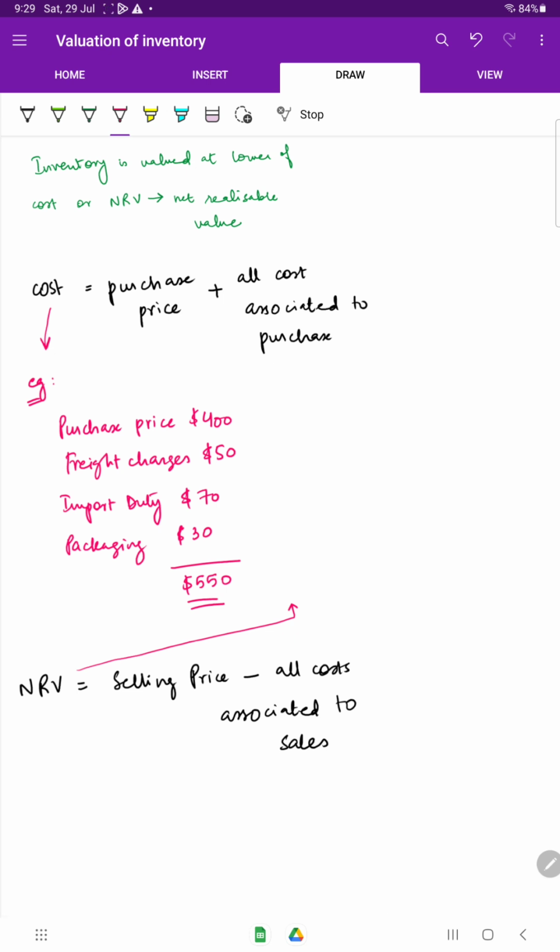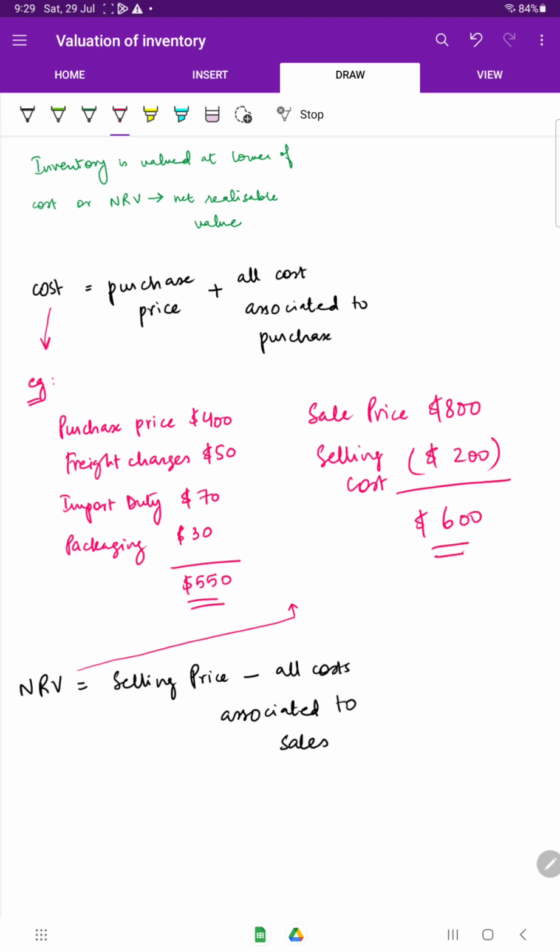I am giving it here so that we can compare the two values. Let's suppose the same inventory that we bought for 400, we are selling it for 800, and the selling cost, the marketing cost, anything that is related to selling is for $200, which I will subtract, and I have $600.